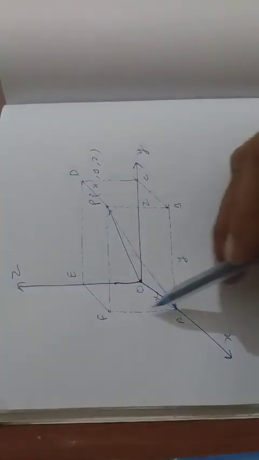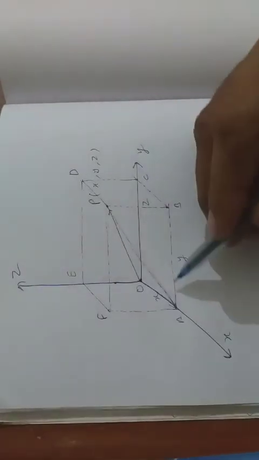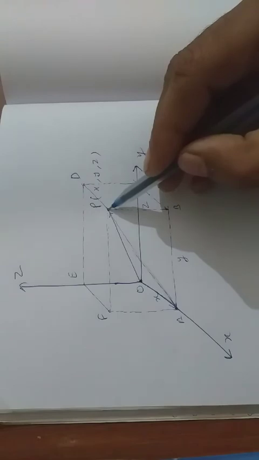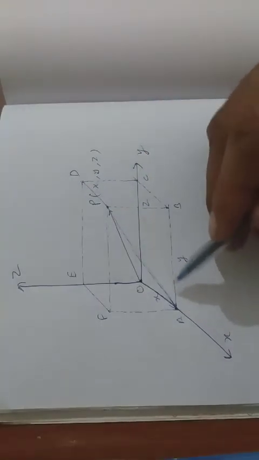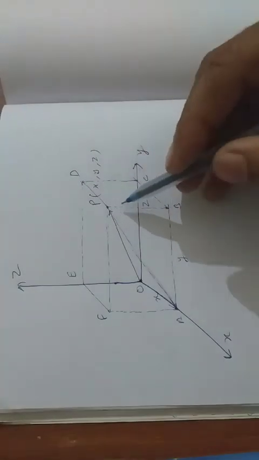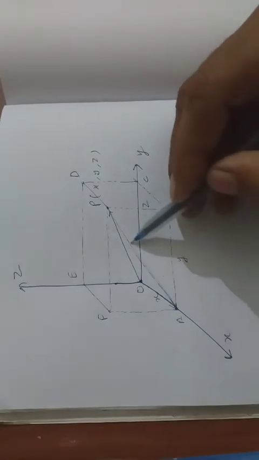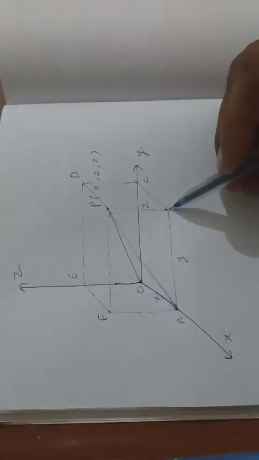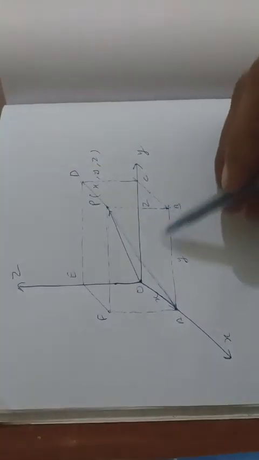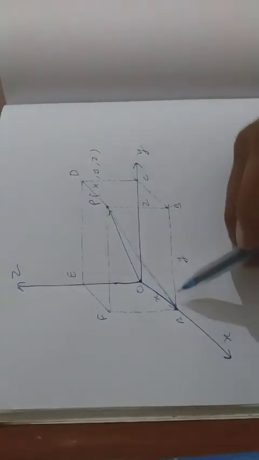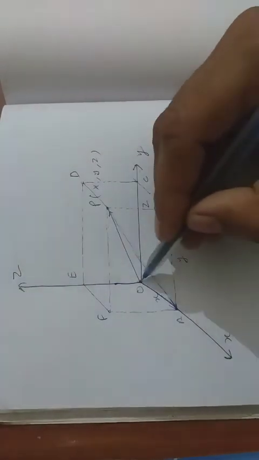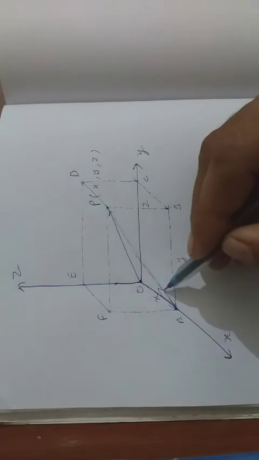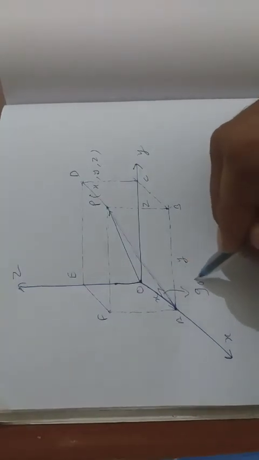In the face AFPB, this point A lies and this point P lies. So line segment joining A and P is lying in the face AFPB, and this face AFPB is at 90 degree with x-axis. So this angle will be 90 degree.